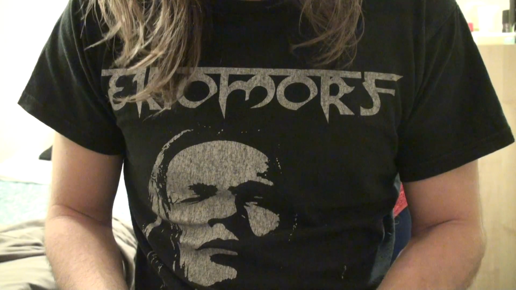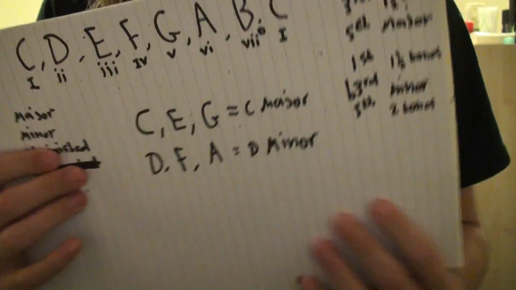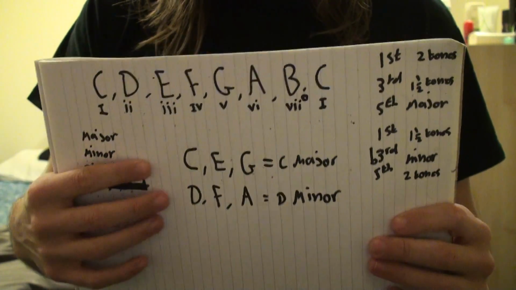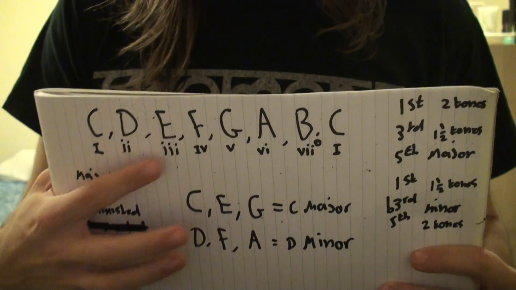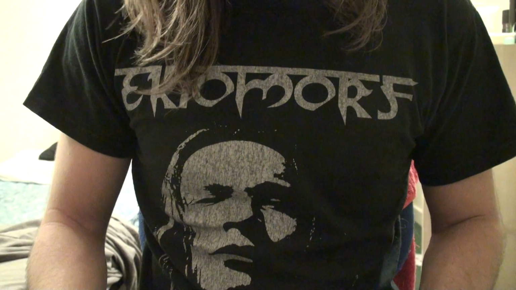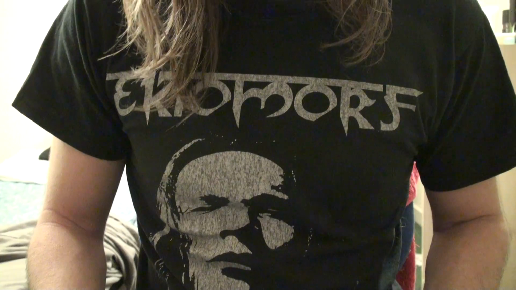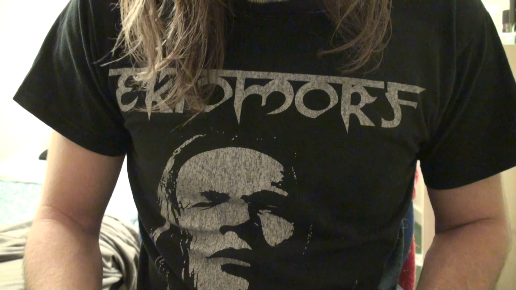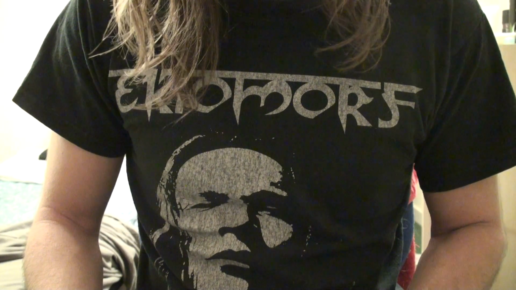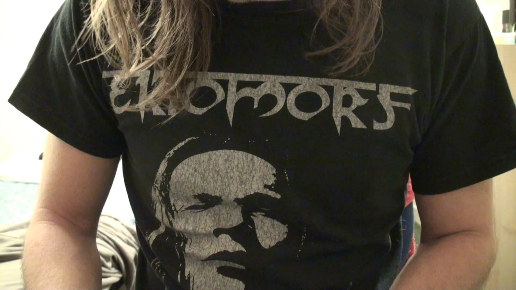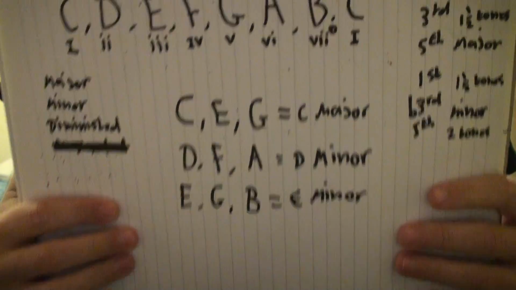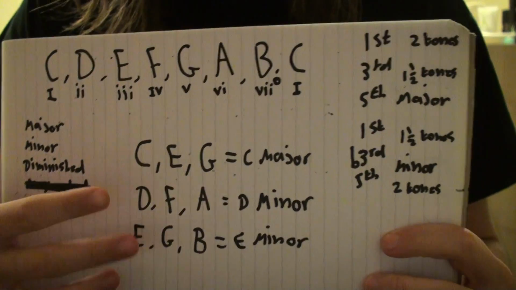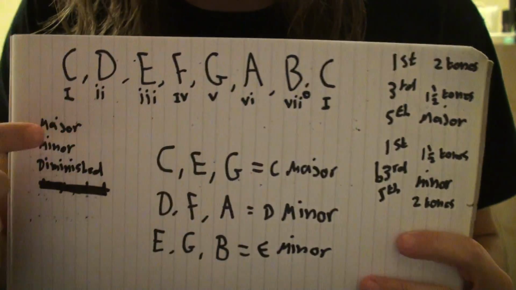And we have now figured out the first 2 triad chords in C major. Now, let's work out the next one. We now have E minor. I'm just going to write this down. E, G and B equals E minor. So from E to G there should be 1.5 tones.